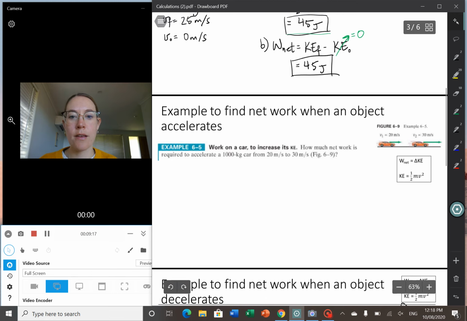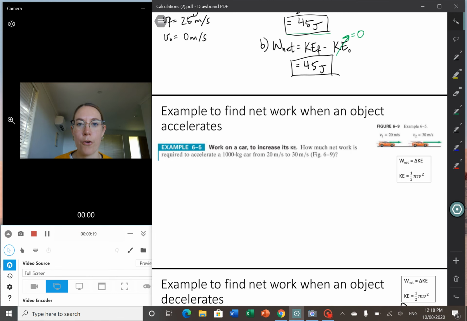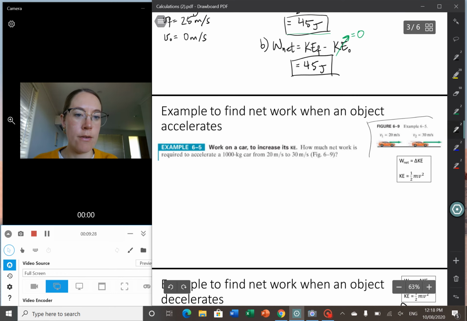And our last example is finding net work for an accelerating object. So fortunately for us in this scenario, we're actually given a diagram. I won't need to draw one out, so I can start off by listing my givens.